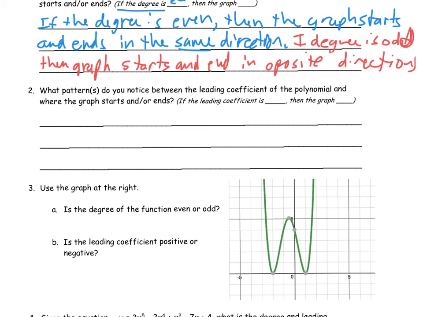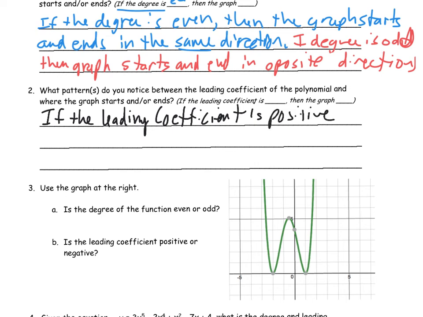If the leading coefficient is positive, the graph is going to end positive. Ends positive. It's always about the ending with the leading coefficient.